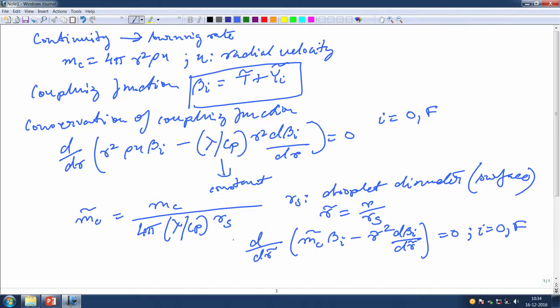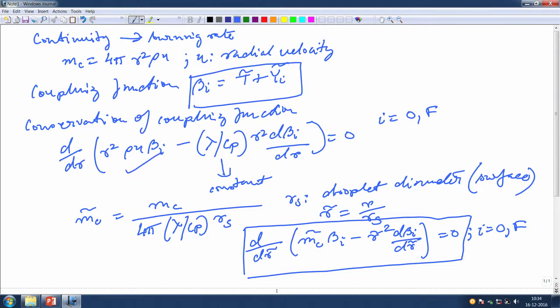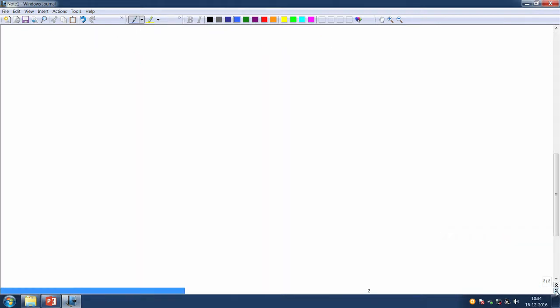This is the equation that you get using the coupling function. Do not be too much bothered about the math. This is a very simple equation, and this is basically the burning rate. The burning rate has been normalized, and we have just used the normalized variables for the next few things. Now, we evaluate the first and second integrals.